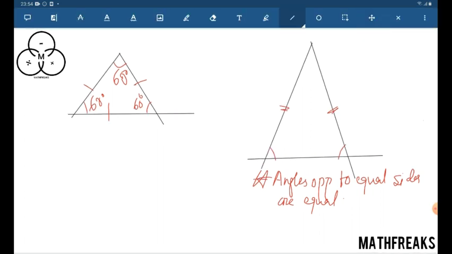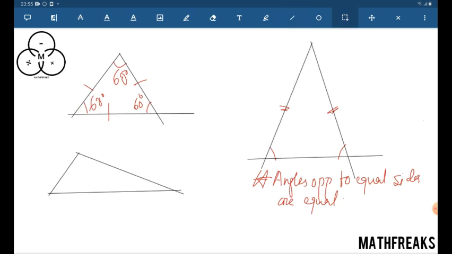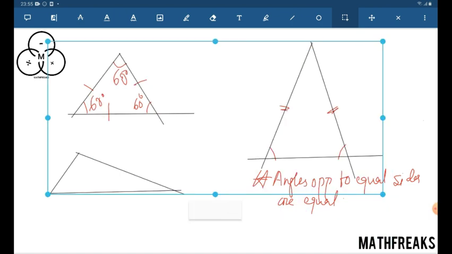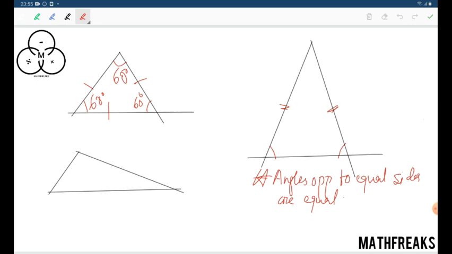The interesting thing is that the angle opposite to the largest side is larger.